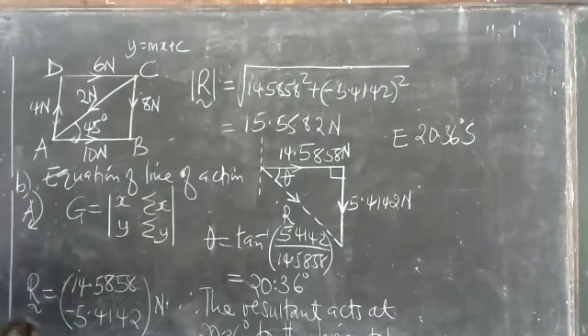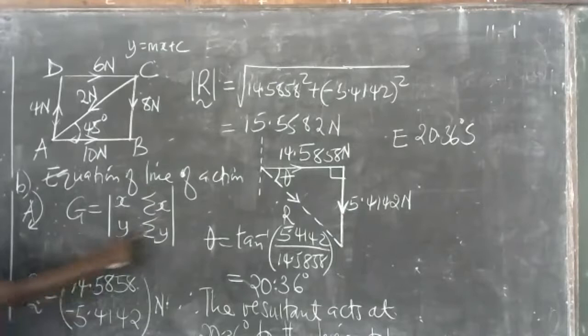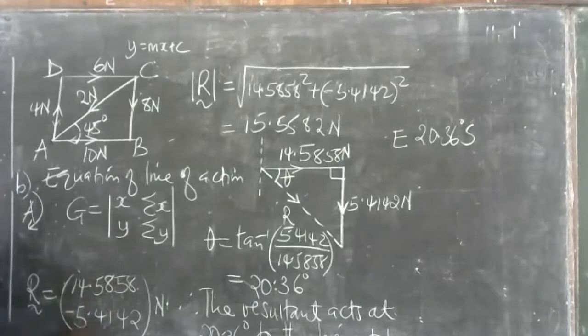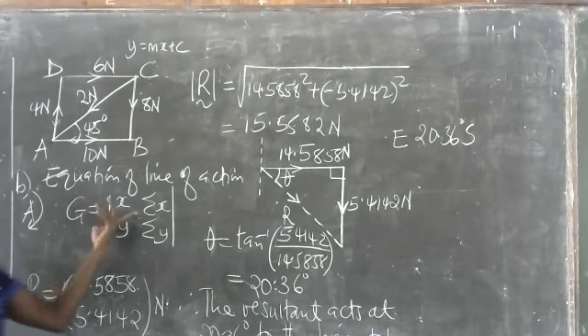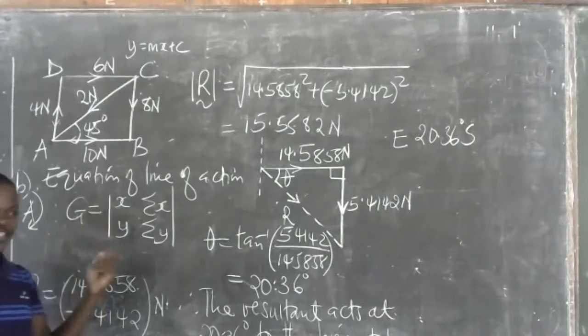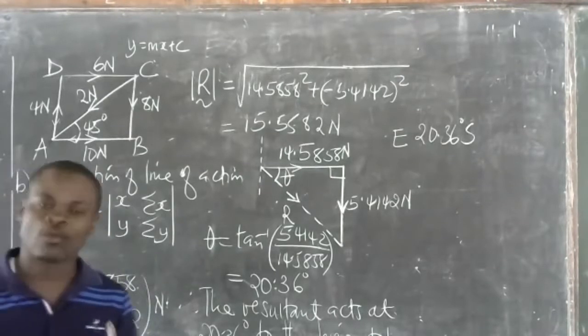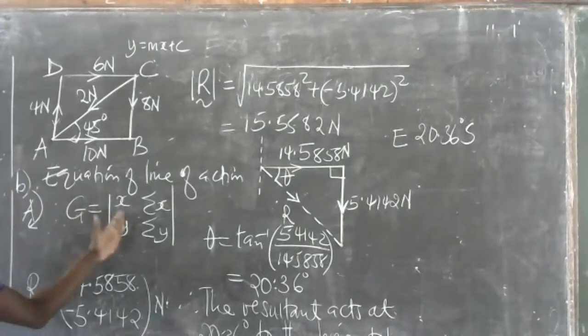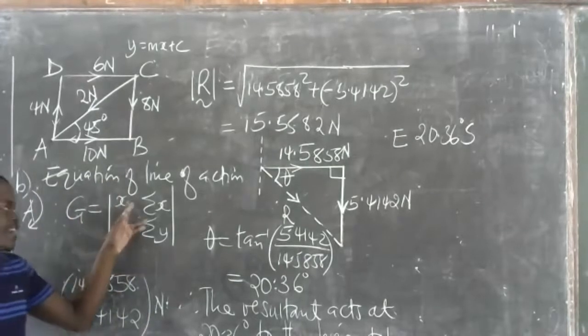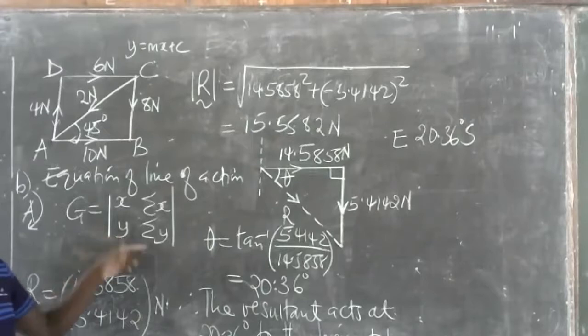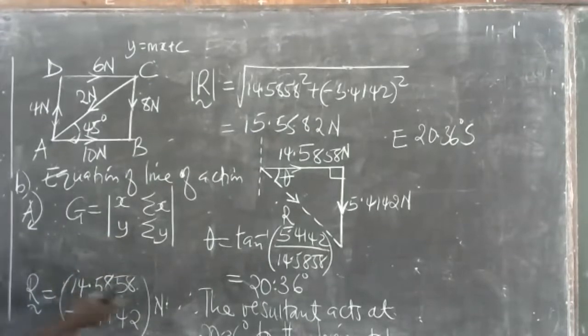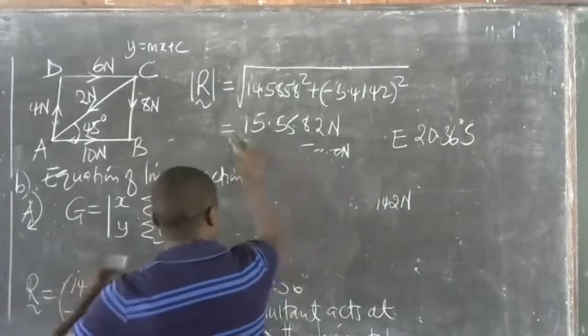column, and then the last column is given by the components of the resultant, which are 14.5858 for sum x, and the sum y is negative 5.4142. And if you're using the concept, clockwise moments are negative and anti-clockwise are positive, then strictly this equation should start with x, y, the variables, and end with the forces, either vertically or horizontally.